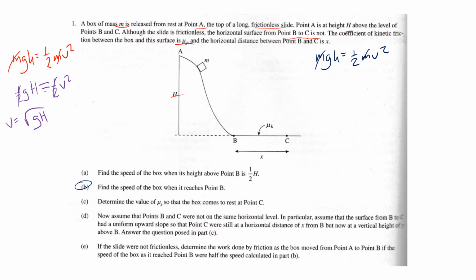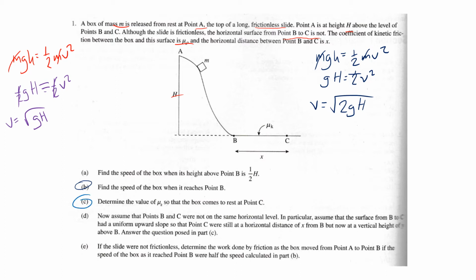Cancel out the m's just like before. So we have g big H is equal to 1/2 v squared. Solving for v, we get v equals the square root of 2gH. Ta-da! So that's for B.